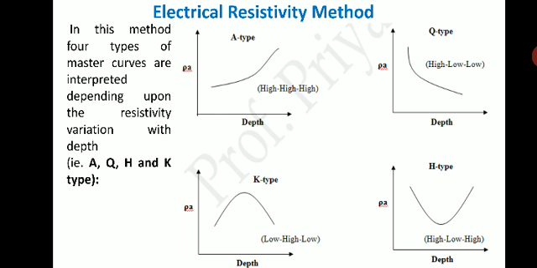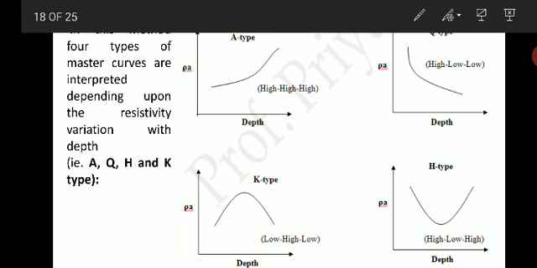In this method, 4 types of master curves are interpreted depending on the resistivity variation with depth. There are 4 types of curves: A type, Q type, K type and H type. These are plotted as depth versus rho A, that is resistivity.